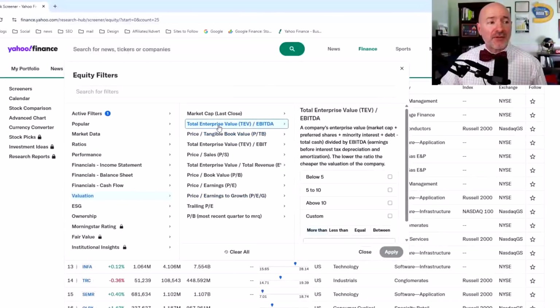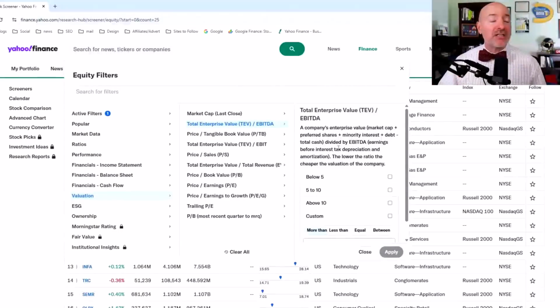For some of these specifically, I used to use the enterprise value to EBITDA measure when I was working in venture capital. Very popular investment banking and venture capital metric. Enterprise value is the market cap, so the total value of all the shares in the market, minus any cash, but plus back any debt. It's a very good valuation measure for highly indebted companies, adding that debt back into the market valuation to get a better idea than just using the market cap, which doesn't include that cash or that debt on the balance sheet.